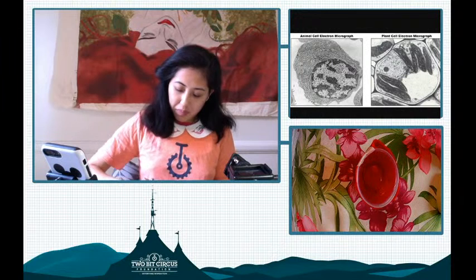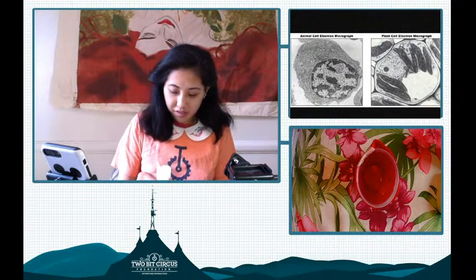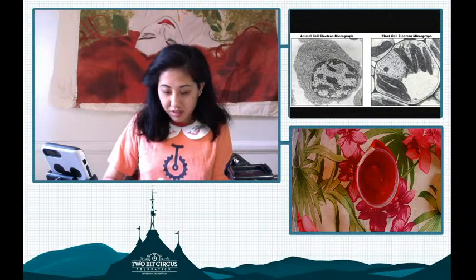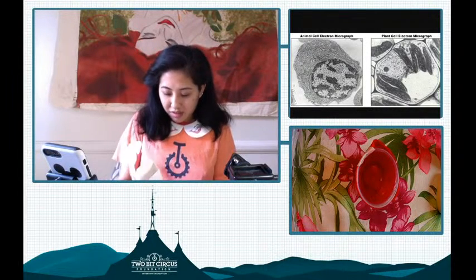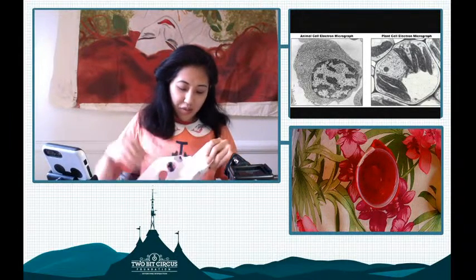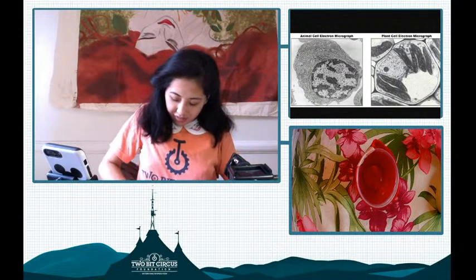I'm going to pull it apart. Alright, pulling this apart is a lot messier than I was expecting. This glue is severe.